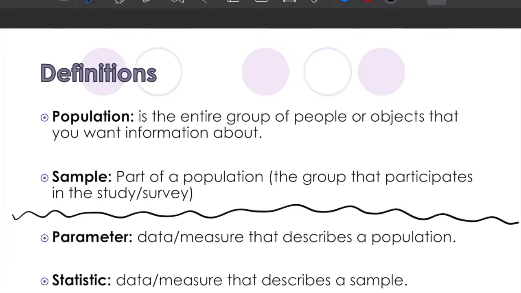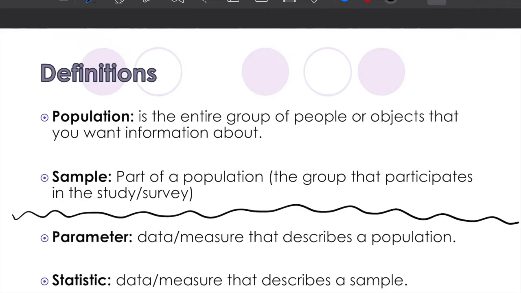Now, when you do a study, you can't always ask everybody in the group. Let's say that I want to know information about students at Newsom High School. Can I ask every single student? I could, but it's not going to be very easy because there's over 3,000 kids at Newsom. So the 3,000 kids in that situation would be the population.